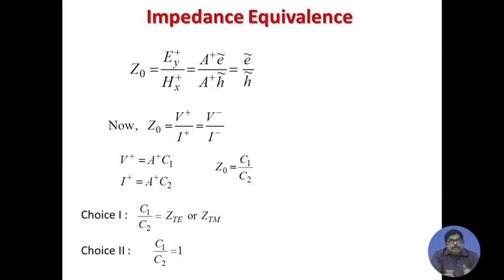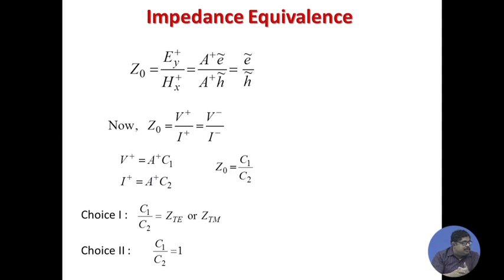Also, impedance should be equivalent, that means the Z naught, that is equal to E y plus by H x plus, which turns out to be E by H, should also equal V plus by I plus, or the ratio of V minus by I minus.